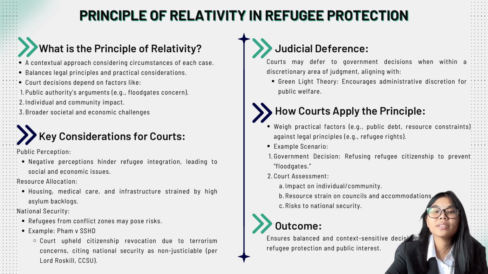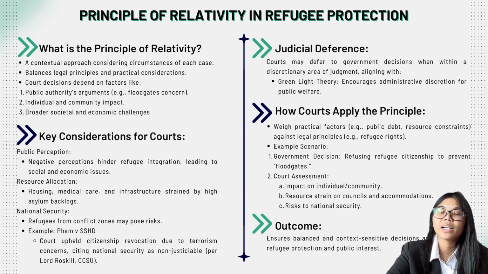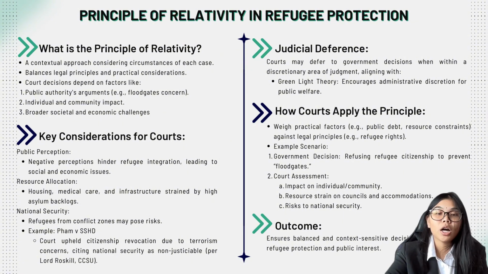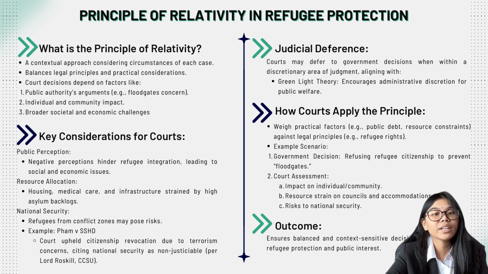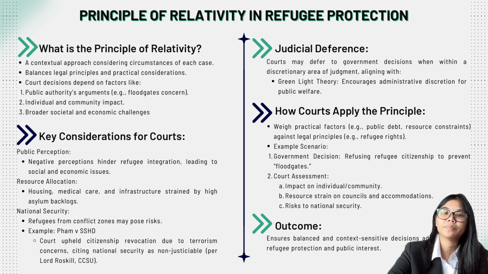Thus, embracing the principle of relativity, these factors and circumstances will be taken into account by the court when addressing the government's decision relating to refugees. The court may decide deference is appropriate where the government enjoys a discretionary area of judgment. This also aligns with the green light theory.